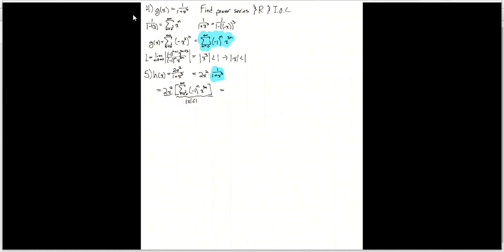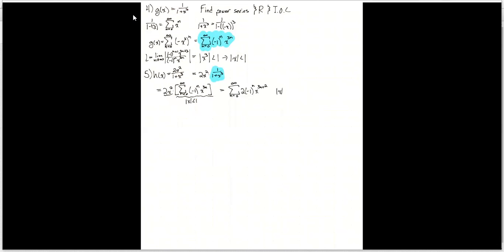And we can rewrite this, bringing the 2x squared inside. So now we're going to have 2 times negative 1 to the n, and then we have x to the 3n plus 2.